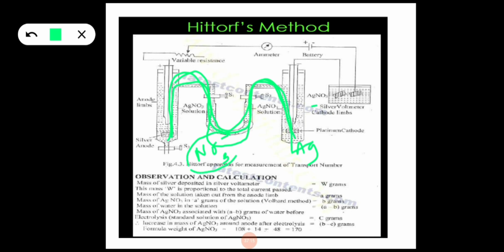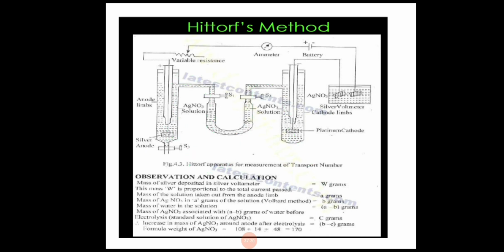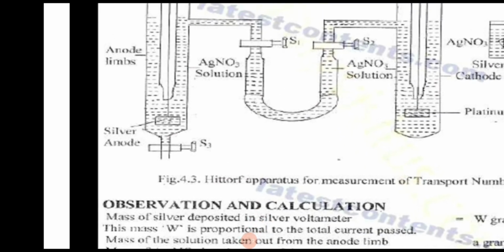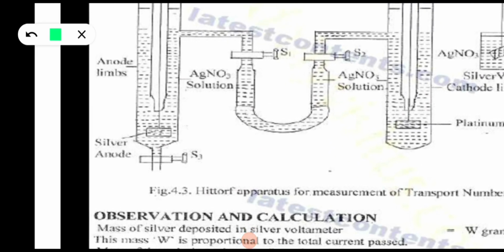Actually NO3 minus ions, being negative ions, should get deposited on the anode. But instead of getting deposited, NO3 minus ions will attack the silver electrode, which is made up of metal silver. After coming here, NO3 minus ion will react with Ag and bring silver into this solution, converting it into AgNO3.